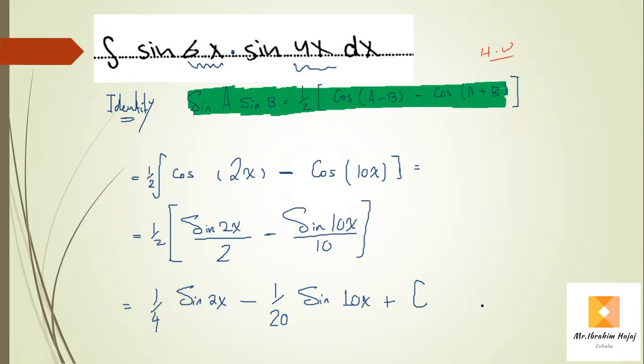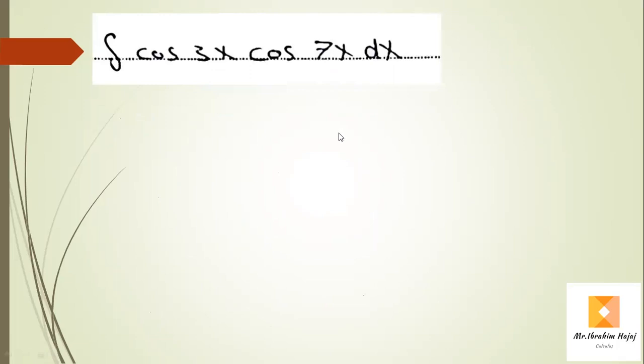Okay, this is sine, and we talk cosine. You may have another question for cosine. Yes, for cosine it's the same thing but a different rule. What's the identity for cosine?